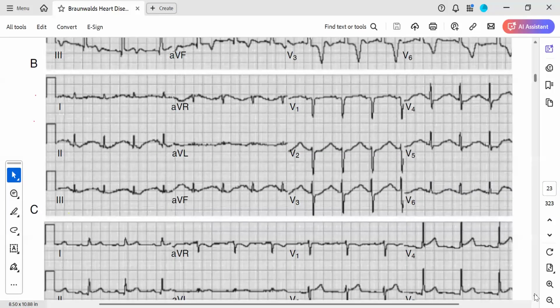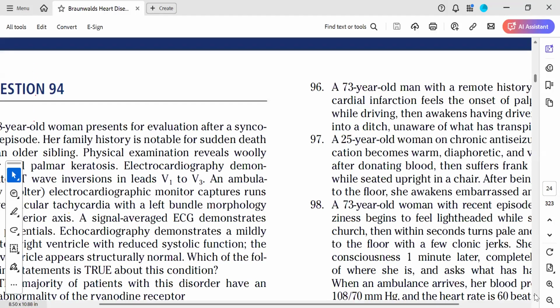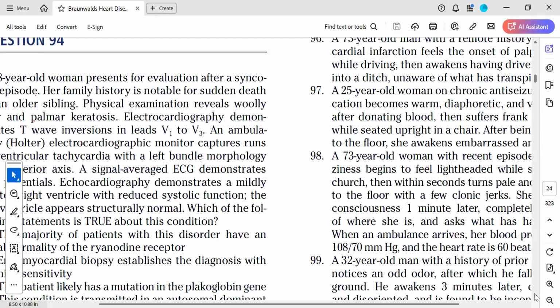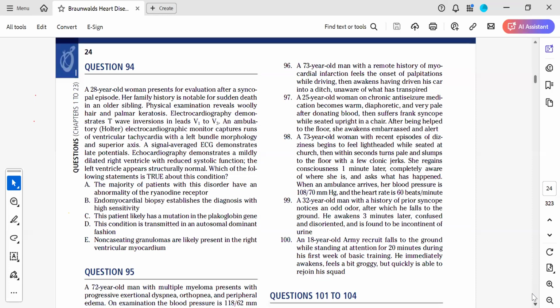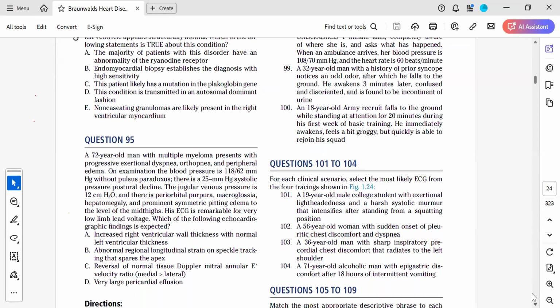So going back to the scenarios, 101: a 19-year-old male college student with exertional lightheadedness and a harsh systolic murmur that intensifies after standing from a squatting position. So this is describing the murmur of hypertrophic obstructive cardiomyopathy, and the maneuver where you stand from a squatting position, or perform a Valsalva maneuver.